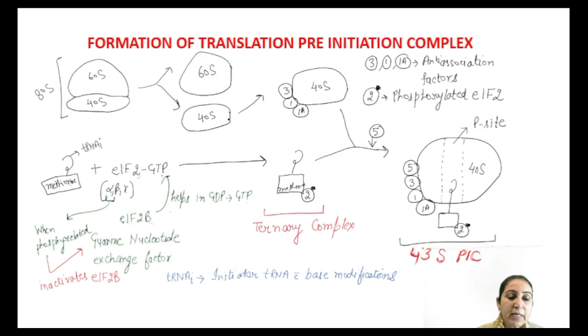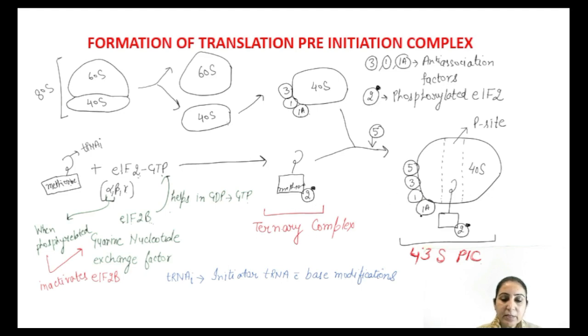Now we already had the 40S subunit in this cell. This 40S subunit combines with the anti-association factors, that is initiation factors 3, 1 and 1A. So for the synthesis of the pre-initiation complex, these two come together. This 40S subunit that is already combined with factors 3, 1 and 1A combines with our ternary complex like this.